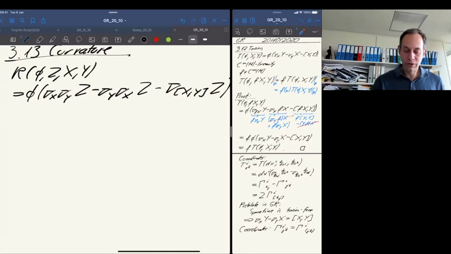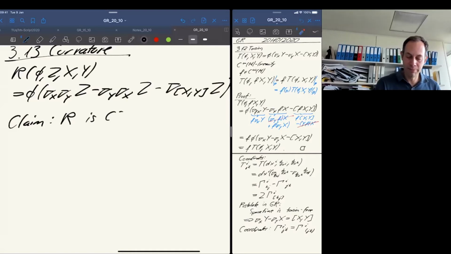So again, we have to do some work. Namely, we have to prove the C infinity linearity, maybe I write it as a claim, of this object that I just defined, and therefore prove that it's a tensor. So R is C infinity(M) linear in all arguments.